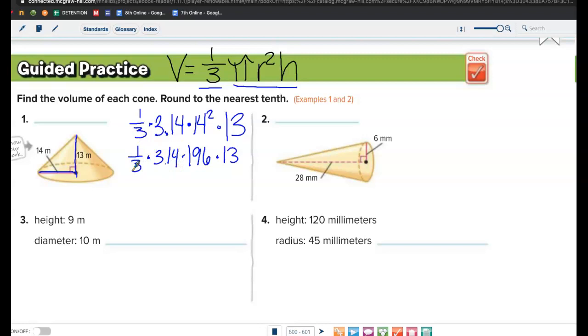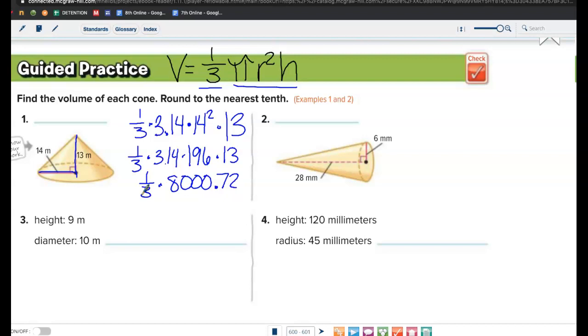So the way I'm going to do it in my calculator is I'm going to take 196 times 3.14 times 13, and I get 8,072, but I still need to take that times 1/3. Multiplying by 1/3 is the same as dividing by 3, so I'm just going to actually type in divided by 3.